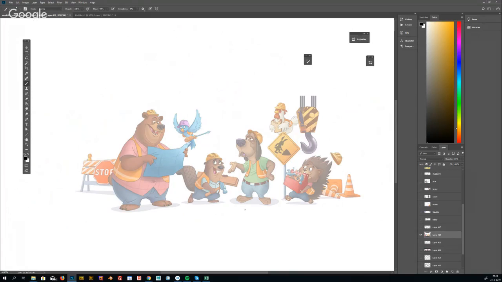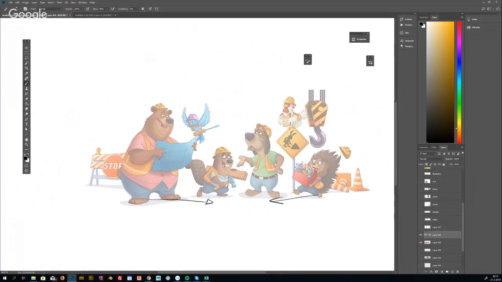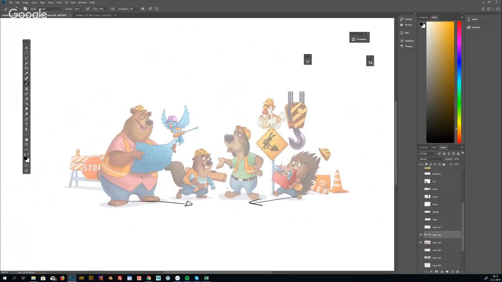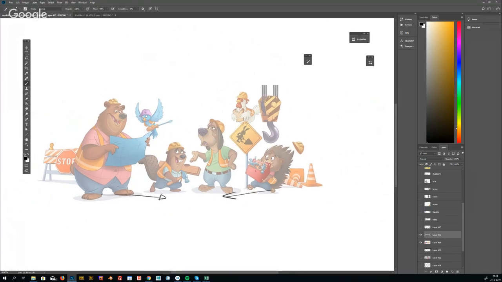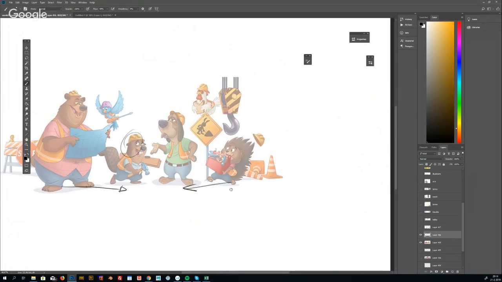So here as well. There's stuff happening, but maybe they can react a bit more to it. Maybe it would have been funnier if this character was building something with that hammer.